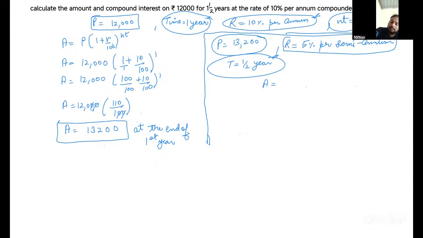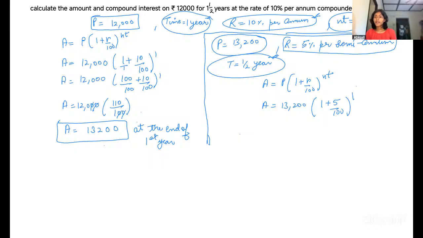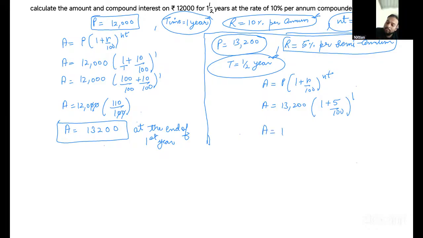So now the formula is amount equals principal into 1 plus R upon 100 to the power NT. Now principal is 13,200, 1 plus 5 upon 100. When we take the power, NT value will be 1. The amount is equal to 13,200 into 1 plus 5 upon 100 to the power 1.